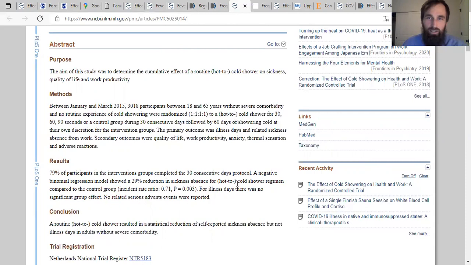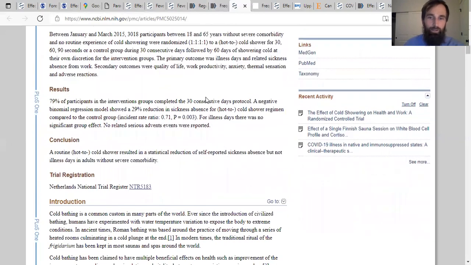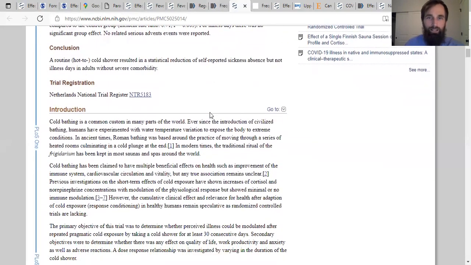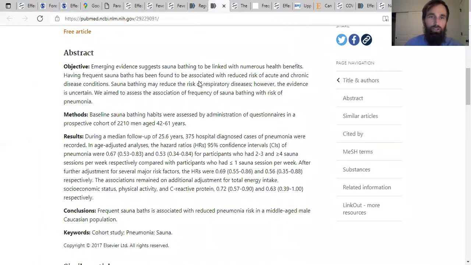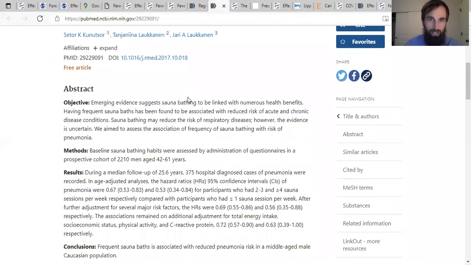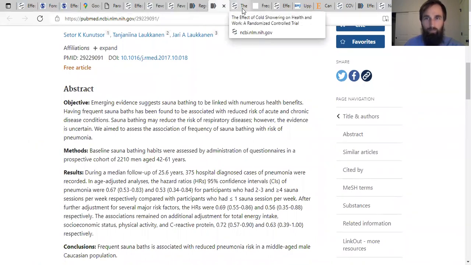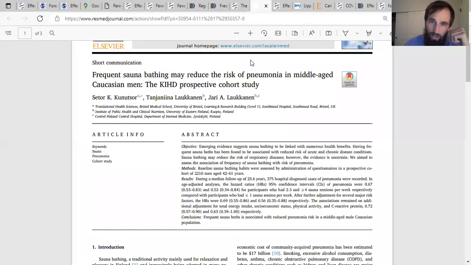So 29% reduction in illness just from a hot and cold shower. Your body's not making a fever response because you're not that sick, but just doing the hot and cold shower, just doing the sauna bathing is going to help prevent you from getting sick in some cases. It's going to improve your chances.